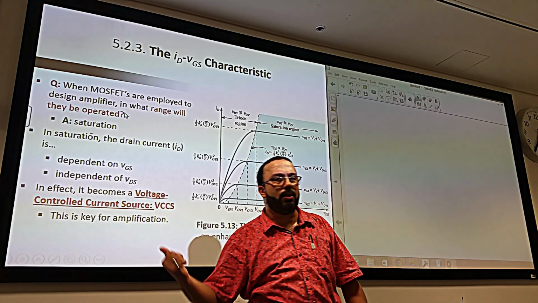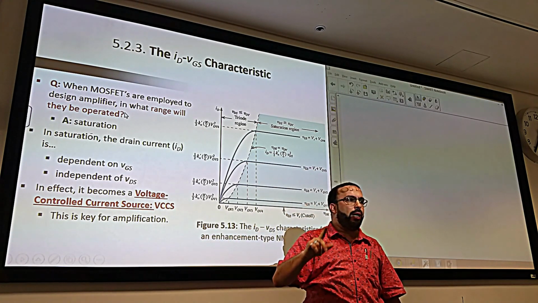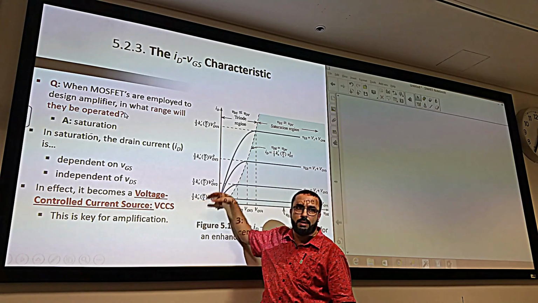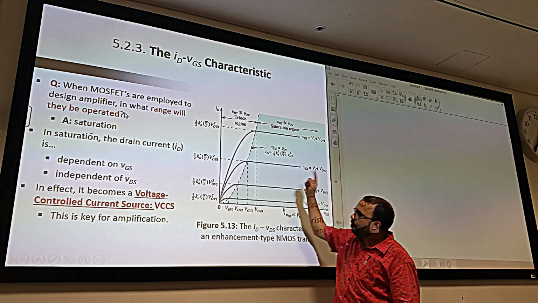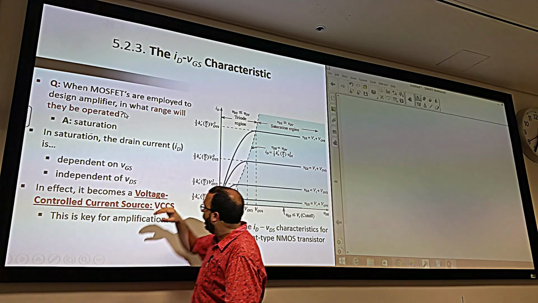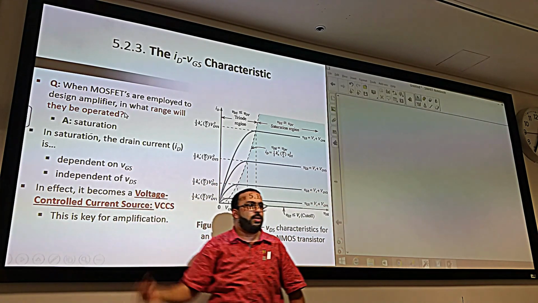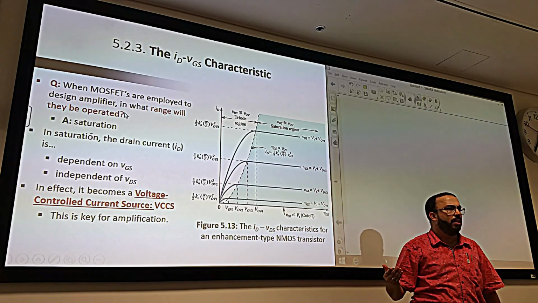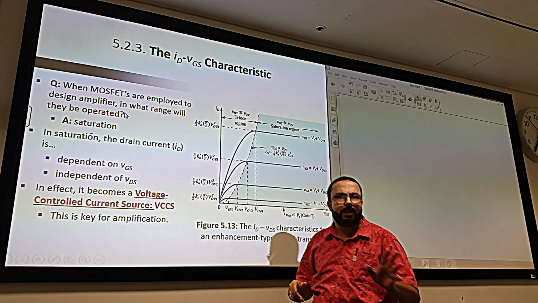Here we are mainly concerned with IDS, the drain current. The drain current depends only on the input voltage, that is VGS. And look here, the current is constant. It depends only on the input. So I'm creating a current source controlled by a voltage. Got it?